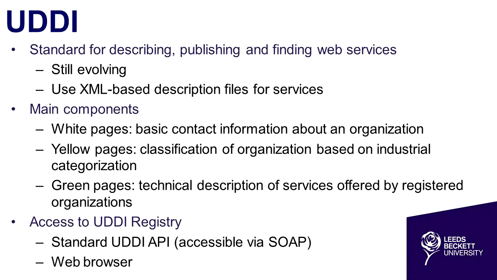Now, the question for you guys is, how does a business access a UDDI registry? You probably guessed it right. That's a UDDI API, which has to be used with SOAP messages over a web browser.